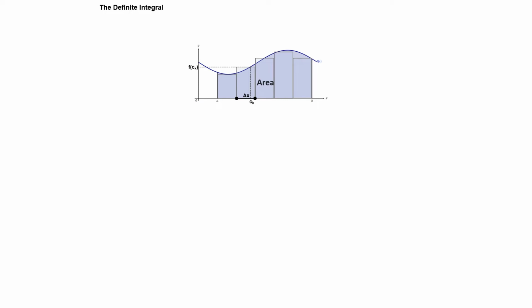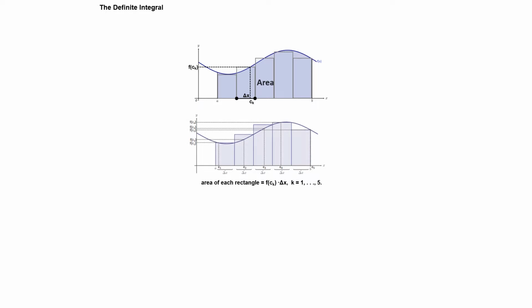The value f of c sub k determines the height of a rectangle. Then we can find the area of each of these rectangles, add them up, and this will be an approximation to the area under the graph.